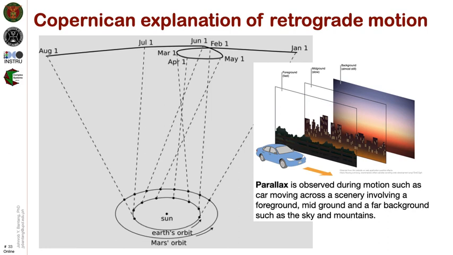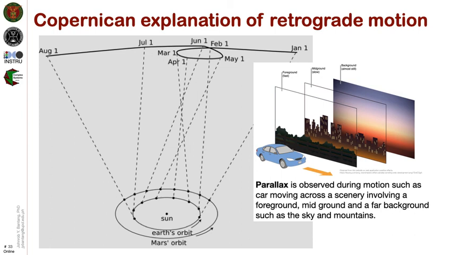As mentioned earlier, retrograde motion is one of the anomalies of motion of the heavenly bodies observed. Retrograde motion refers to the reversal of a planet's motion relative to the background stars as observed from the Earth. The Copernican model explains this apparent reversal as a short-lived parallax as the mid-ground, in this case planet Mars, moves along the direction of motion of Earth.